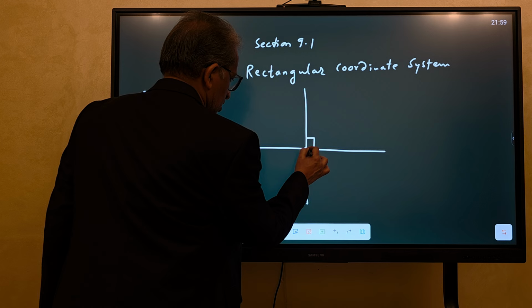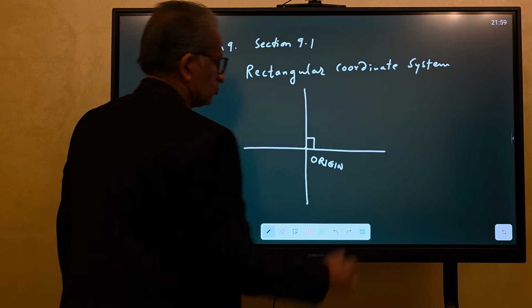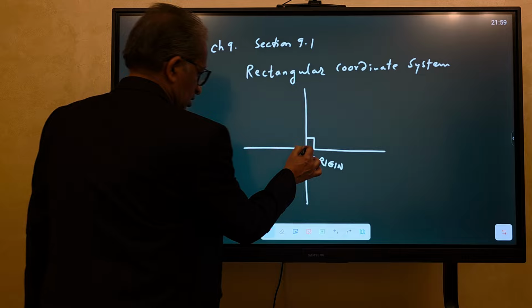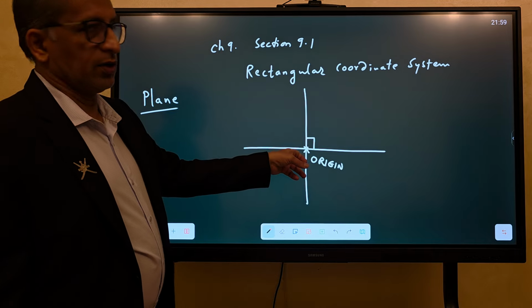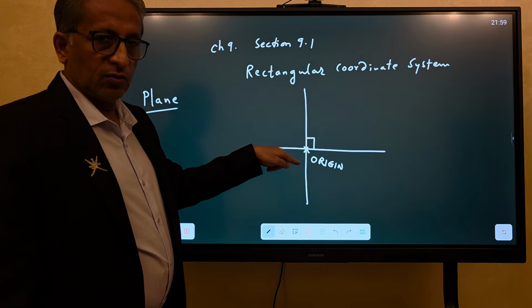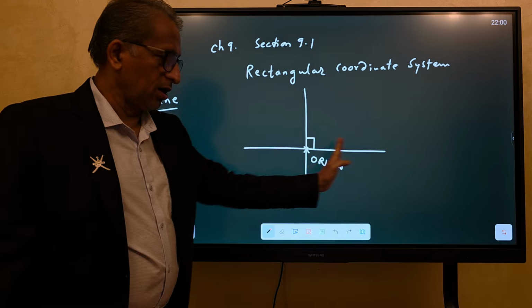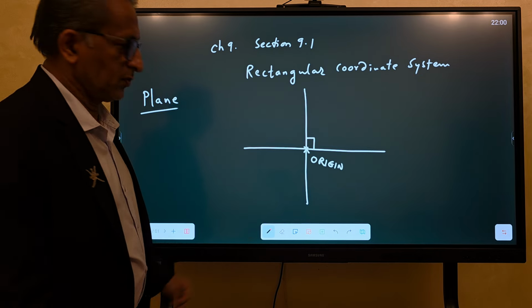This point is known as origin. That is, two lines meeting at one point is the origin. Origin means from that point onwards, you measure right side, left side, up and down.